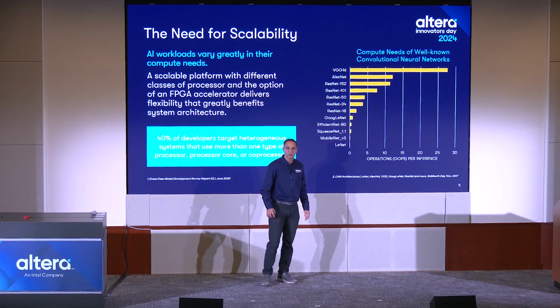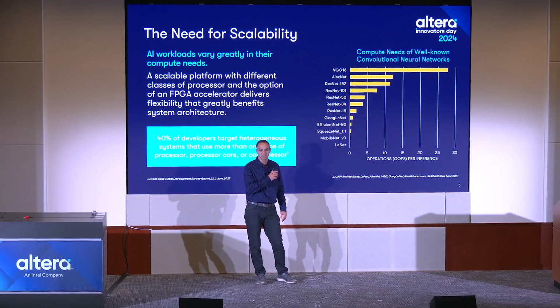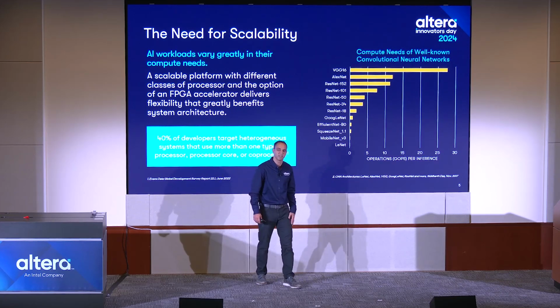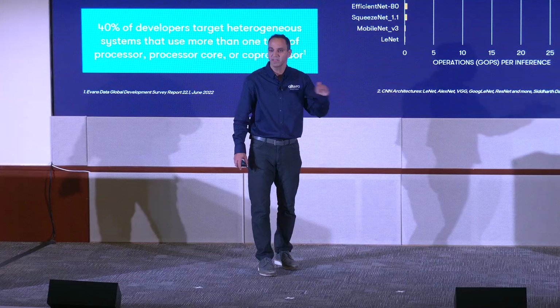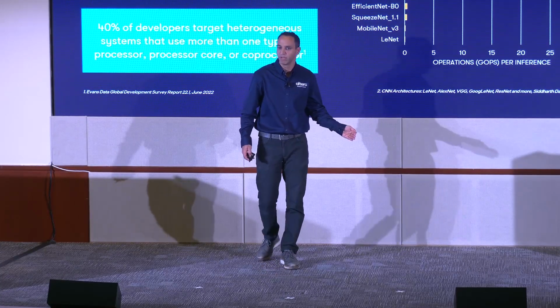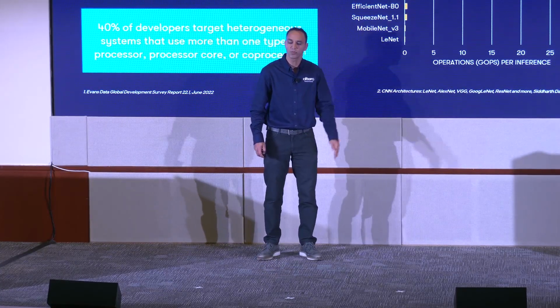But there's a really big range of how much compute's needed here. That model at the bottom of the chart, LeNet, when you compare that to VGG, that's a compute difference of 2000x. So if you can get things to operate with a model at the bottom of the chart, that's a lot less compute we have to worry about. So that's what we're talking about when we get into this term TinyML.